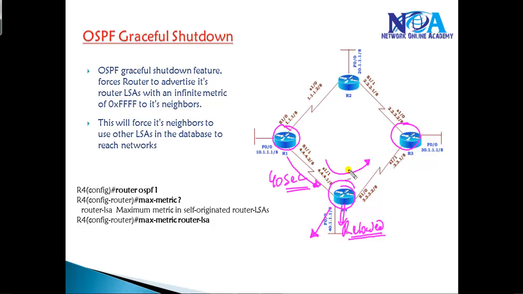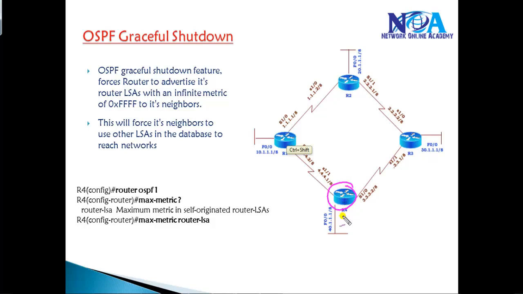Instead of that, the better option is to go to this router and, before I reboot, advertise this router with a maximum metric LSA. That's what we call the graceful shutdown feature, where I'm advertising the router's LSA with an infinite metric, and we can configure that using this command inside the router mode, max-metric router-lsa.